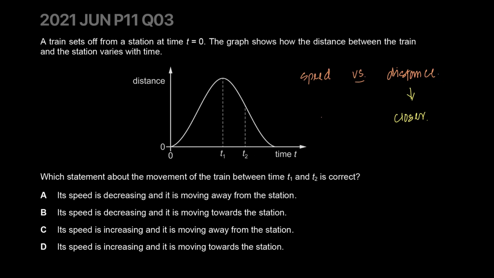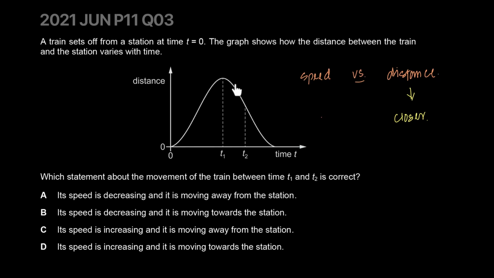And what about the speed? The speed is kind of really hard to see, but the tangent would give us the speed. So the steeper this graph is, if it's getting steeper, we'll have an idea that it's speeding up. It's actually hard to see, but I would have gone with constant, but it's definitely not slowing down.